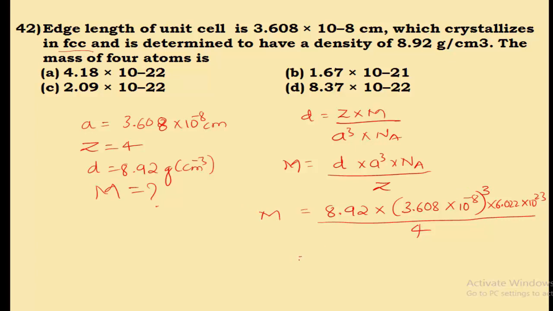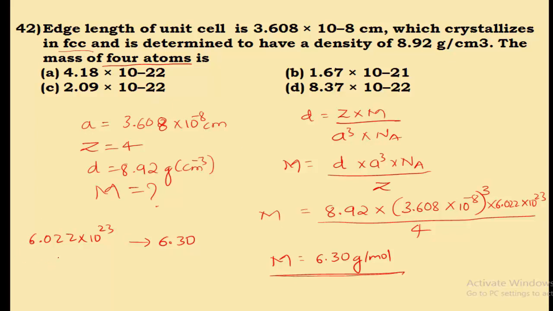Make this cube. So on simplification you will get mass M is equal to 6.30 gram per mole. So this is the mass of one atom. So the atomic mass of the element is 6.30 gram per mole. Okay, means 6.022 into 10 raised to 23 atoms mass will be equal to 6.30. But they asked to calculate the mass of 4 atoms.